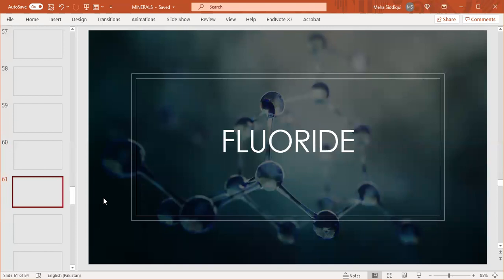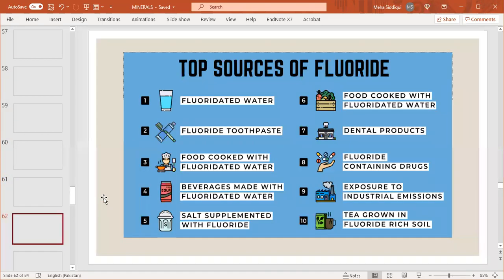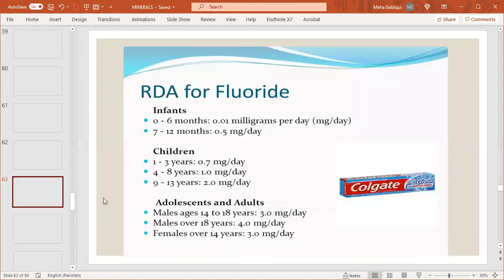Now coming to our next mineral, that is fluoride. The top sources of fluoride are fluoridated water, fluoride toothpaste, food cooked with fluoridated water, beverages made with fluoridated water, salt supplemented with fluoride, dental products, fluoride-containing drugs, exposure to industrial emissions, and tea grown in fluoride-rich soil.